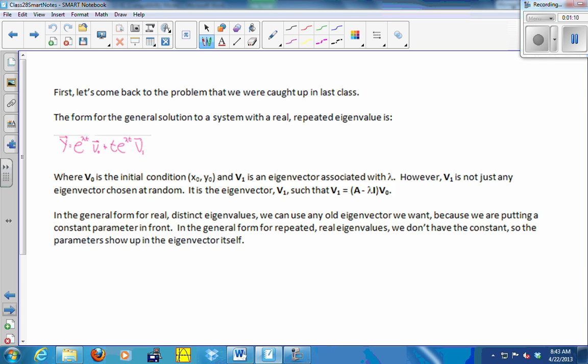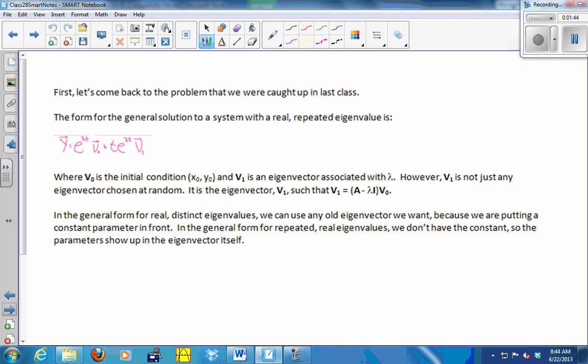But it's not just any eigenvector chosen at random, which is what we do when we have two distinct real eigenvalues. We can just choose any one we want. It's a particular eigenvector such that A minus lambda I times v naught is the one we're looking for. It makes sense, because when we have real distinct eigenvalues, we can use any old eigenvector because you put a constant parameter in front.